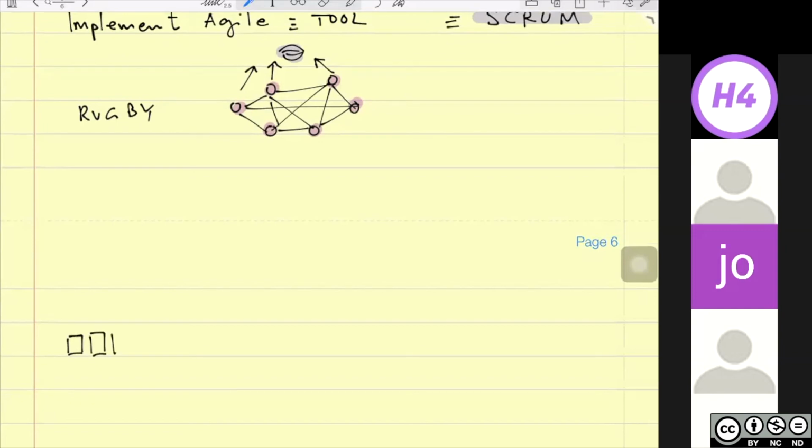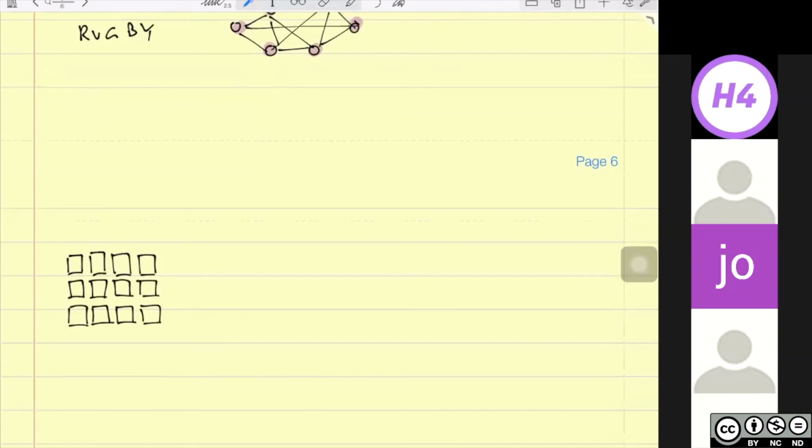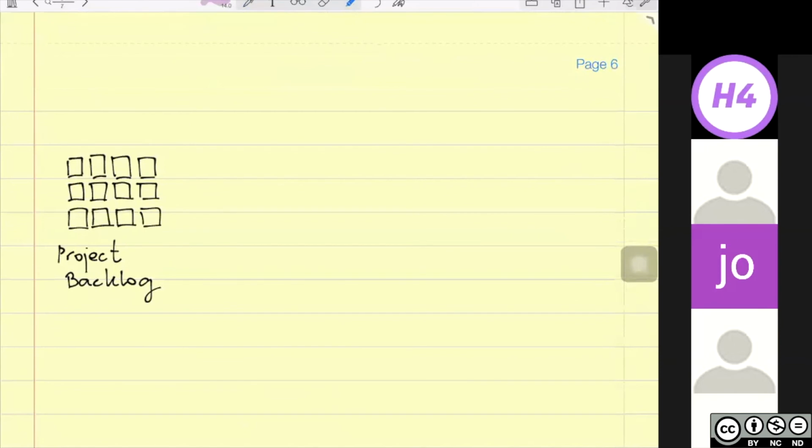Project backlog, and I'm going to paint a little picture so that you get an idea. A project backlog is a bunch of tasks that are still to be realized. You can represent it like I just did, okay?